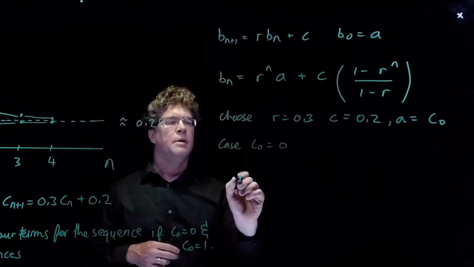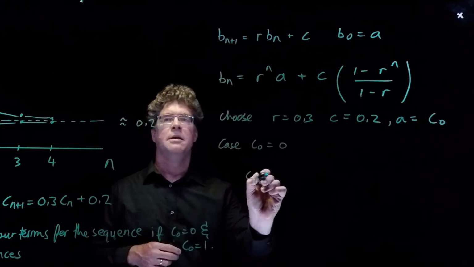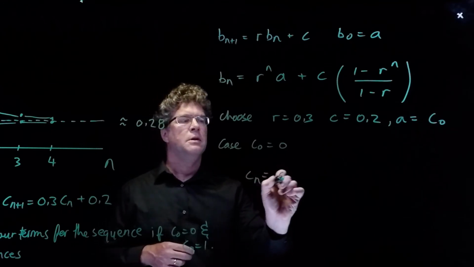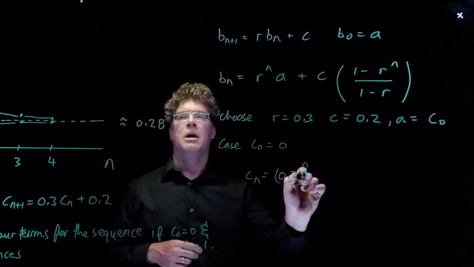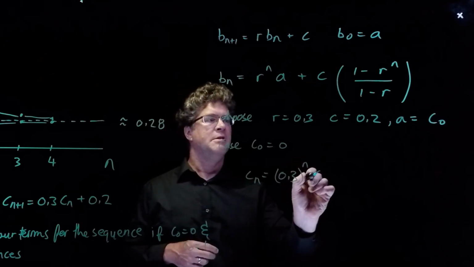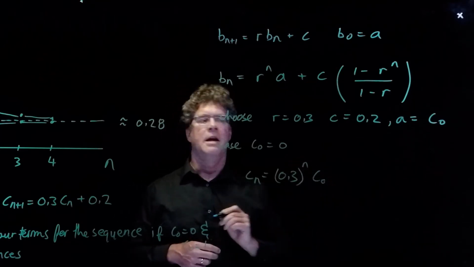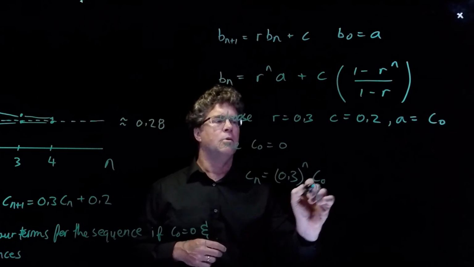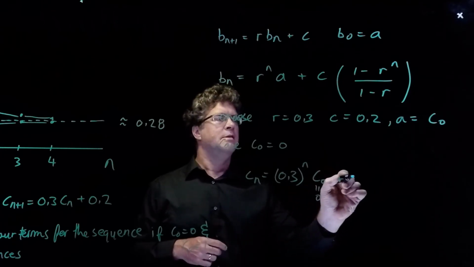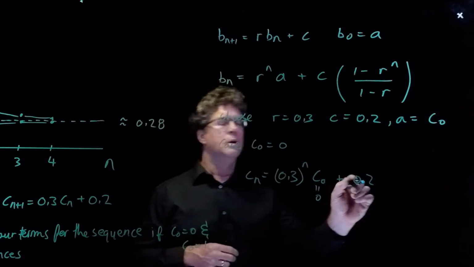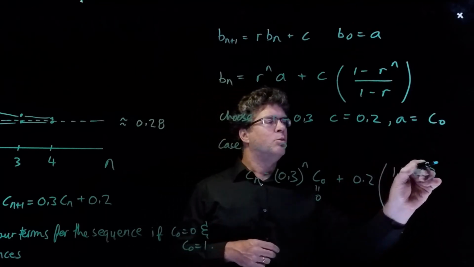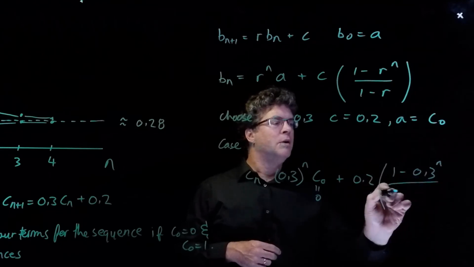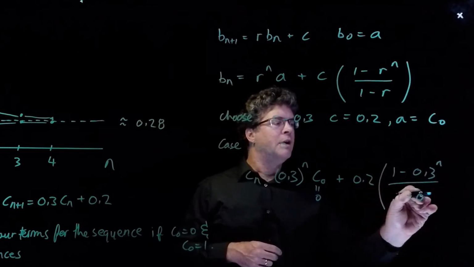Then we have C_n equal to 0.3, that's R, to the nth power times C_0, that's A, and C_0 is equal to 0, plus 0.2, that's C, times 1 minus 0.3 to the nth power divided by 1 minus 0.3.